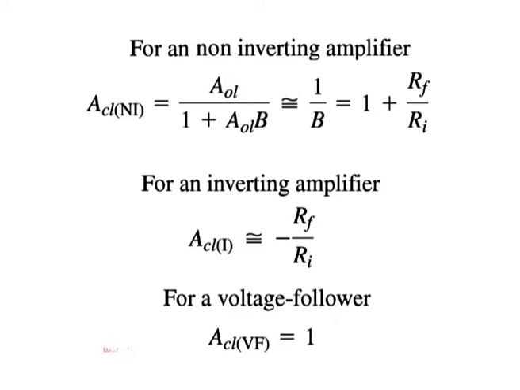For a non-inverting amplifier, ACL(NI) is equal to AOL over 1 plus AOL B, and is approximately equal to 1 by B, and is equal to 1 plus RF over Ri. For an inverting amplifier, ACL(I) is equal to minus RF over Ri. For a voltage follower, ACL(VF) is equal to 1.